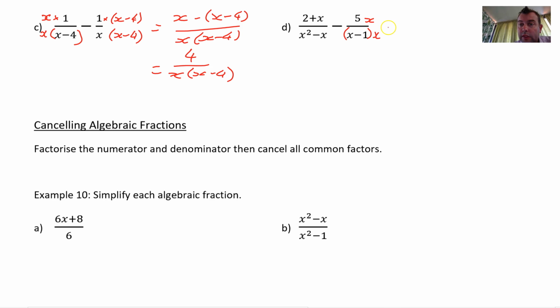So this is going to give us 2 plus x minus 5x all over x squared minus x, right, which gives us 2 minus 4x all over x squared minus x.